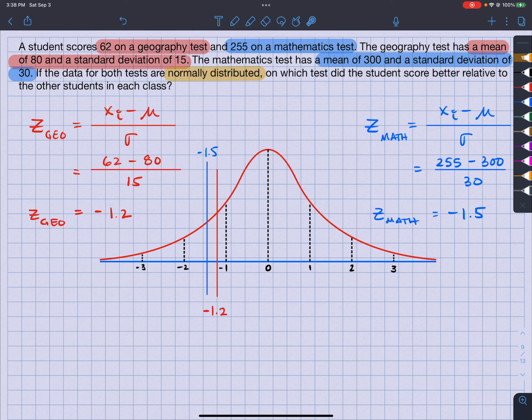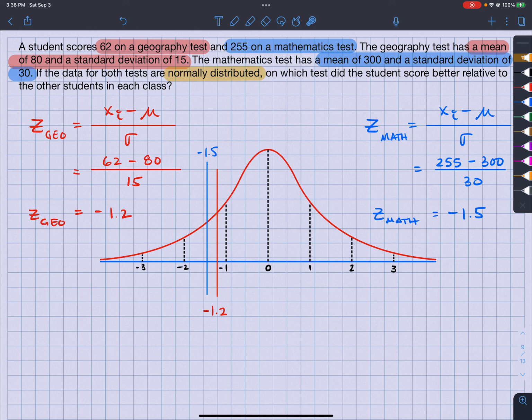And that's the case. Clearly, negative 1.2 is closer to the actual mean than negative 1.5 is. This percentile is definitely higher than that percentile. So that means my geo test actually had the better score.